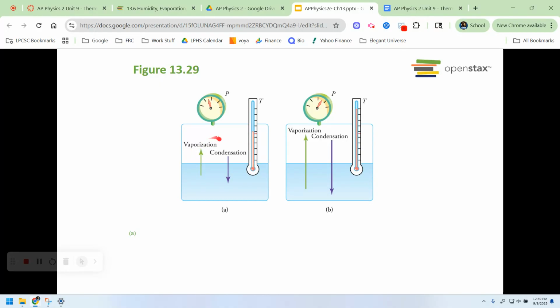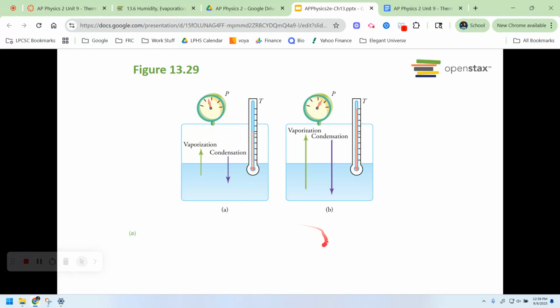So you can have this state of equilibrium where you lose water to water vapor, but also you gain water because some of the water vapor condenses down to be water. The rates of boiling and condensation are equal to each other.